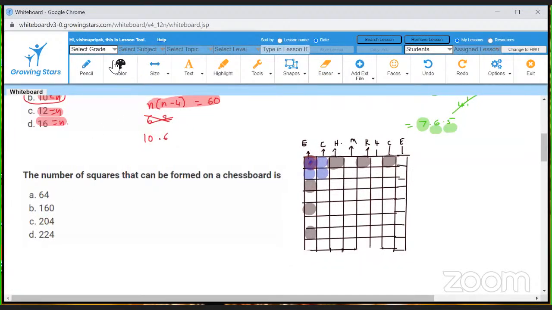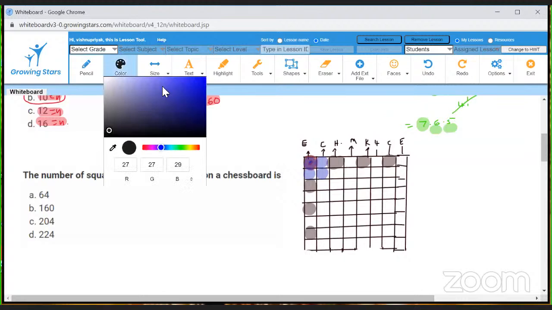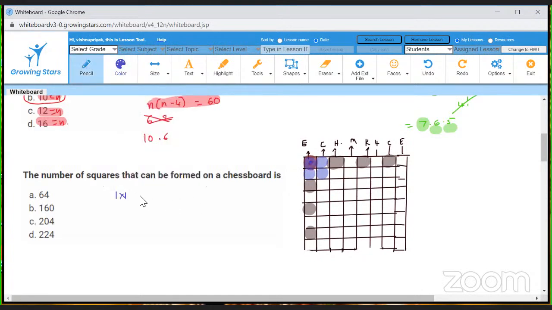Okay. So what I was saying is, to make a square, you need either 1 times 1. It will be counted as 1 times 1. Then next, here 2, here 2. So 2 square. The lengthwise 2, breadthwise 2.